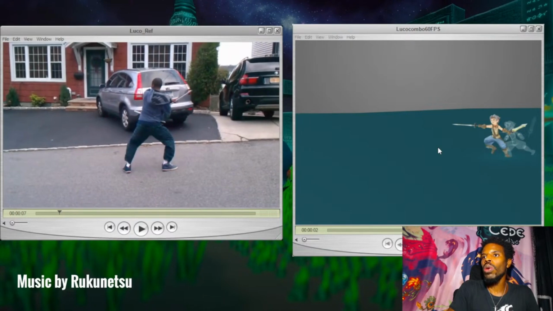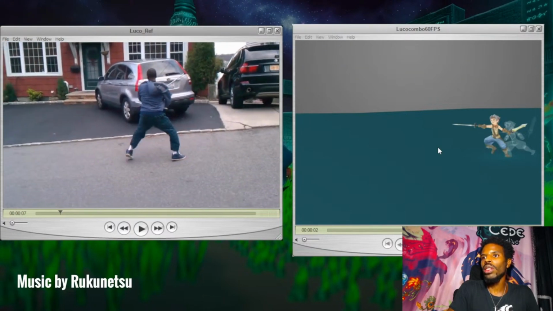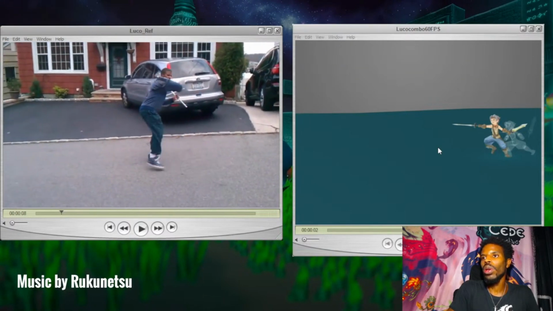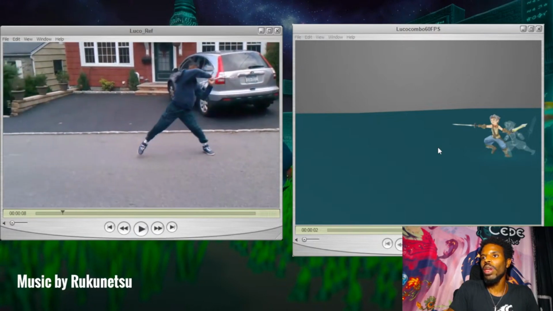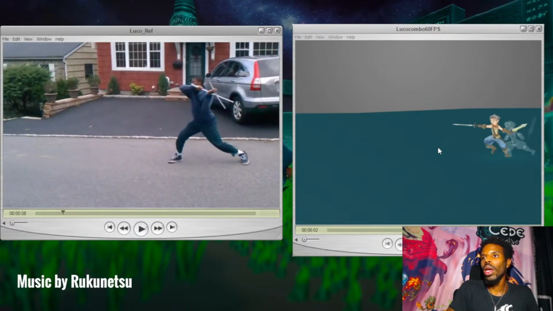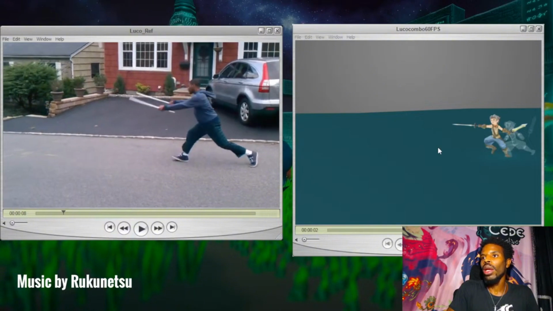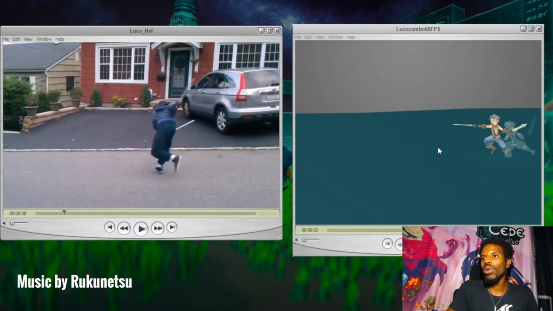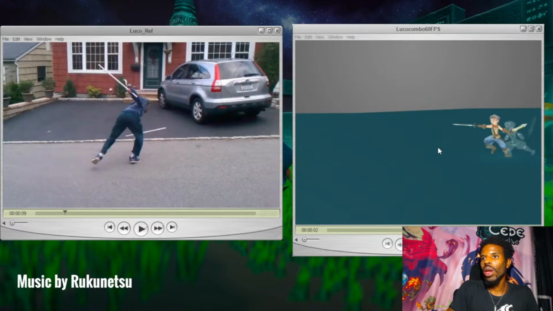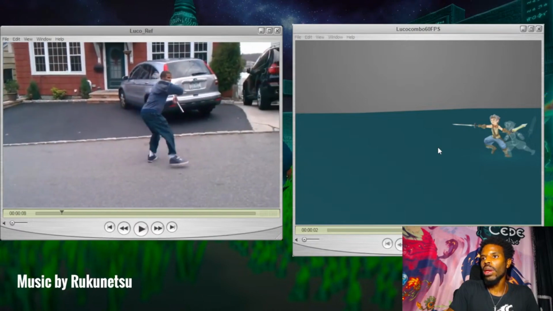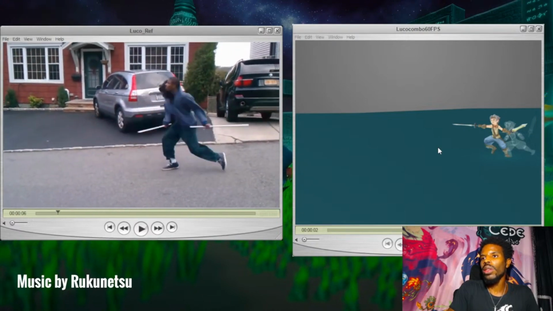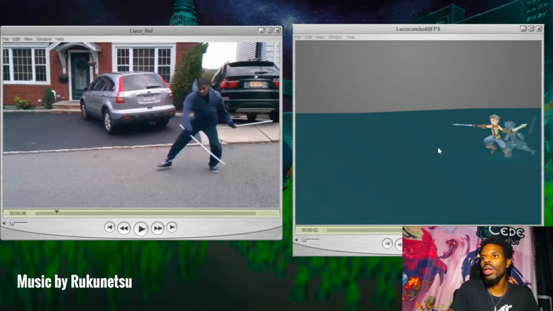So right here, boom. This right here is an anticipation. Anticipation, contact, follow through. And when I was animating this piece, those are the poses that I'm putting in.